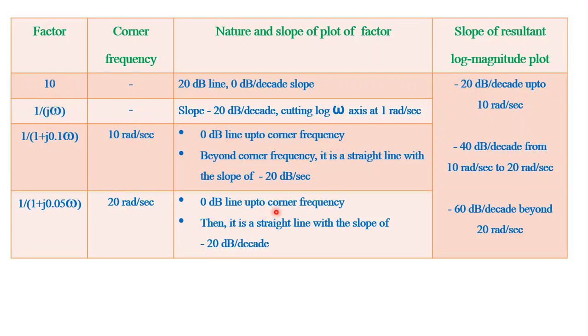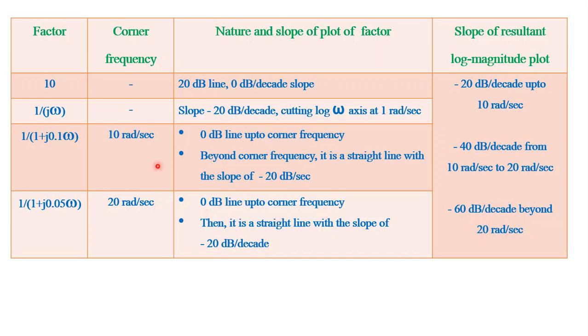These two have not yet started their role. At 10 radian per second, this changes its slope. Therefore, the resultant also changes its slope from minus 20 to minus 20 minus 20, that is minus 40 dB per decade from 10 radian per second. This factor changes its slope at 20 radian per second from 0 to minus 20 dB per decade. Therefore, the resultant also changes its slope to minus 60 dB per decade after 20.